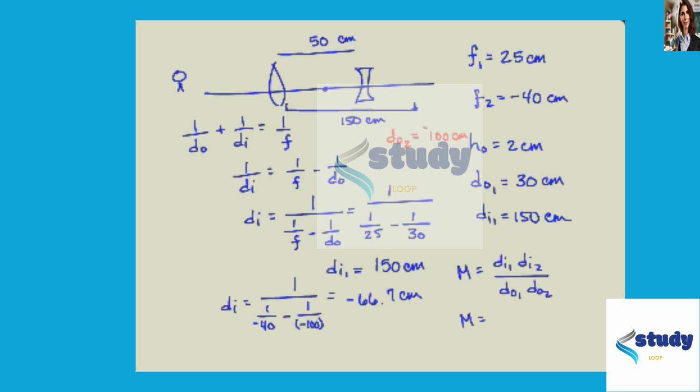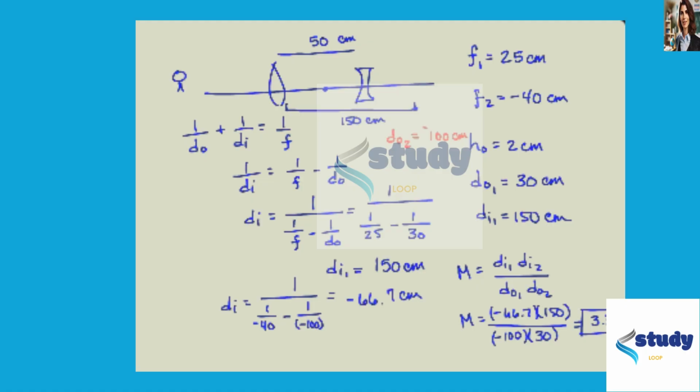So we get negative 66.7, if we round up, times 150, divided by negative 100, times 30, gets us a magnification of about 3.33. The fact that this is a positive value means that my image will be upright.